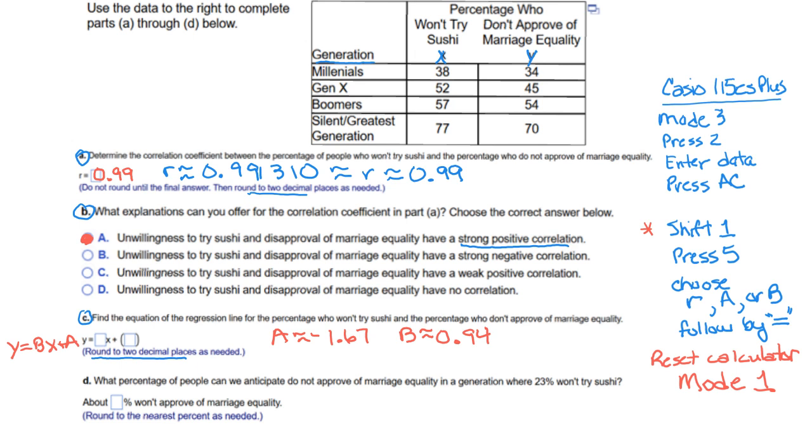So what they want is the equation of a line that is using your data values. So all we're going to do is rewrite this as y is equal to 0.94x minus 1.67.